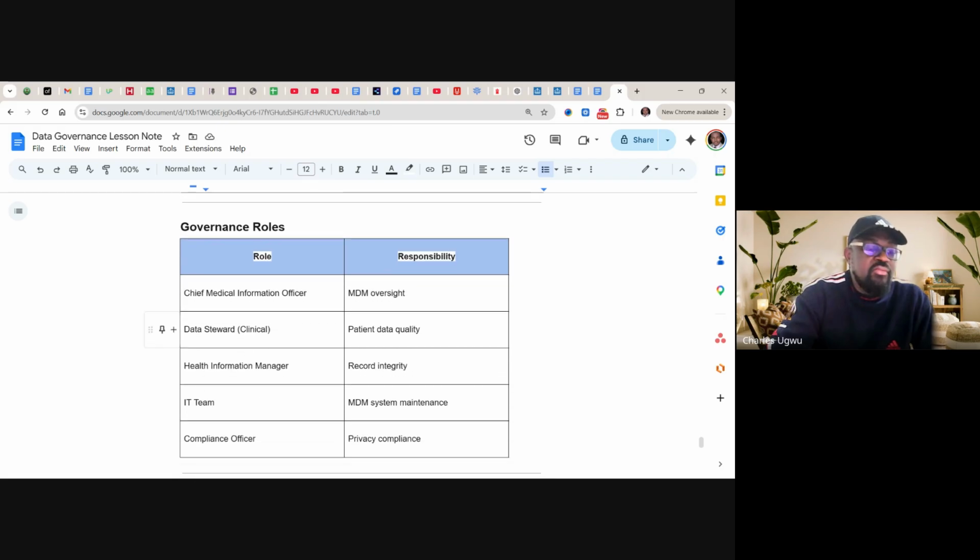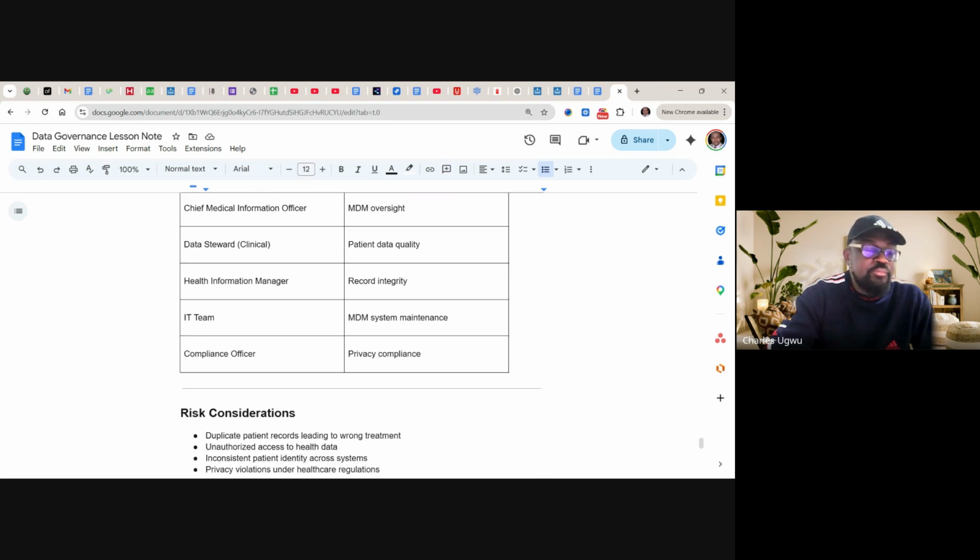And then we'll have the health information manager. His responsibility is record integrity. We have the IT team. Responsibility is master data management system maintenance. We have the compliance officer in charge of privacy compliance.